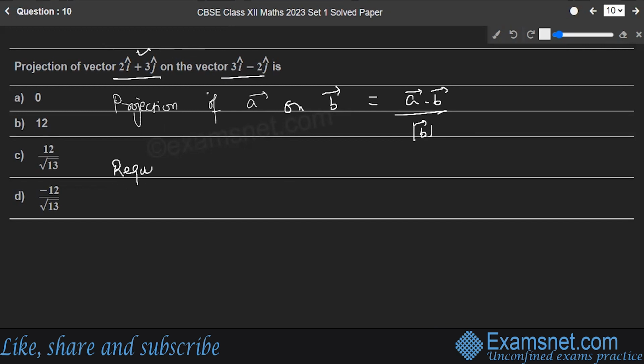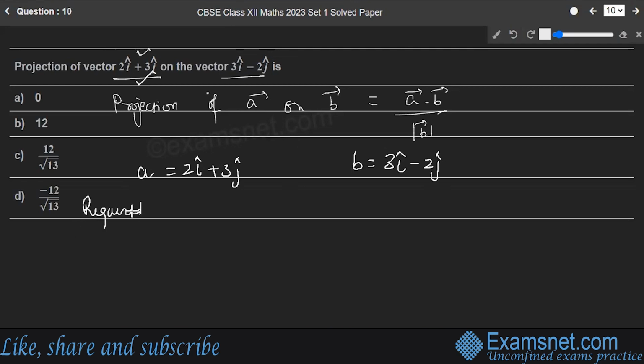First of all, let's discuss what is A and B in this case. So here A is 2i plus 3j and B is 3i minus 2j.